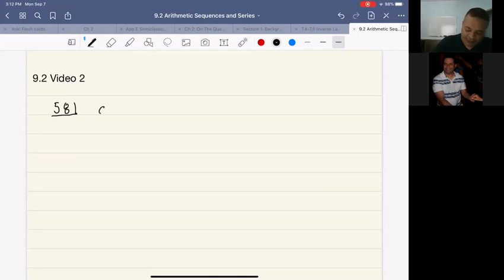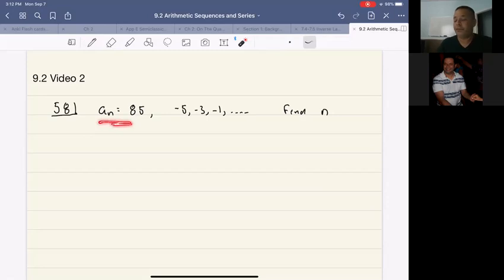So we have a sub n equals 85, and our sequence is -5, -3, -1. We're asked to find n. So we need to find the n that goes with the term 85.